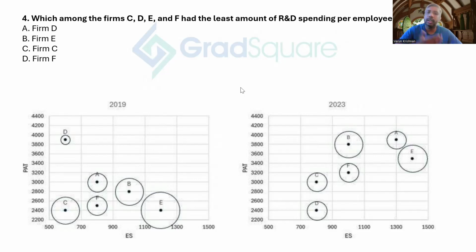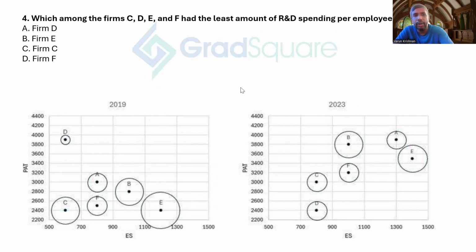If we further divide by the employee strength, then I will be able to find out for C, D, E, and F how much is being spent on R&D. Although I will not get the absolute R&D spend, because proportionality for all the companies is the same, whichever spend is proportional to a greater value, there we are spending more on R&D. Whichever firm's spend on R&D is proportional to a lesser value, that's spending less on R&D.